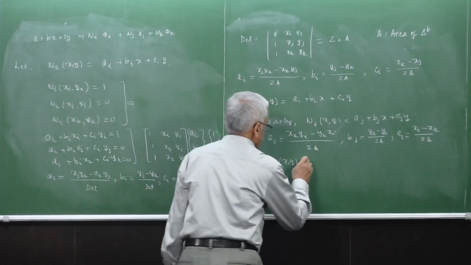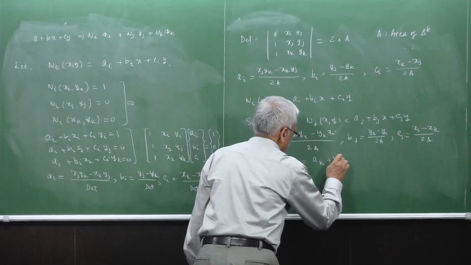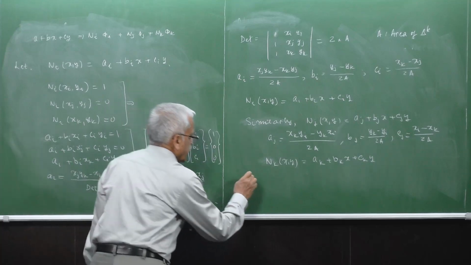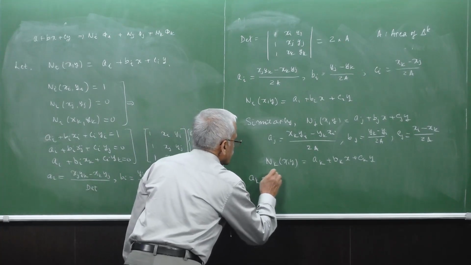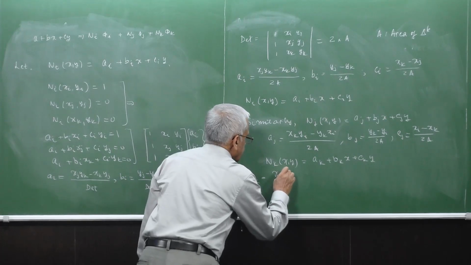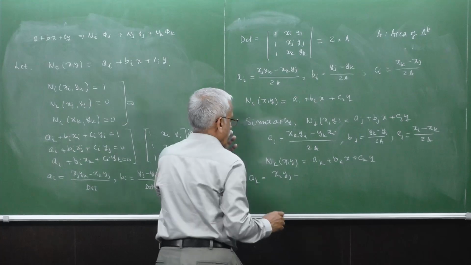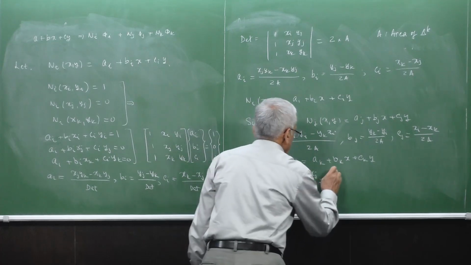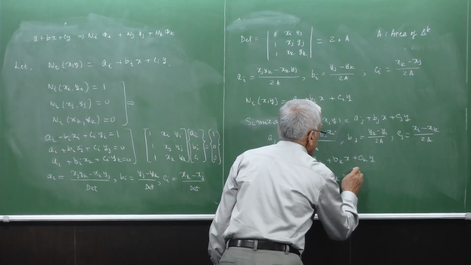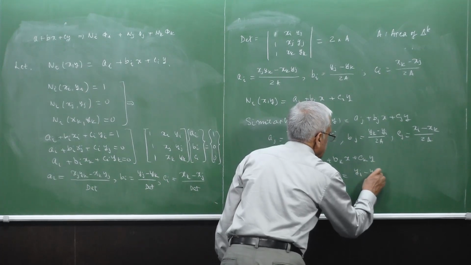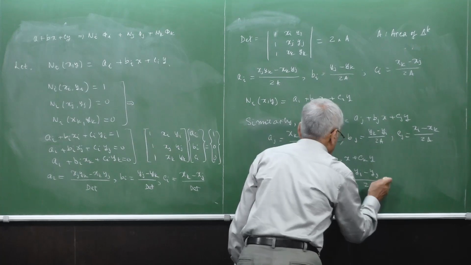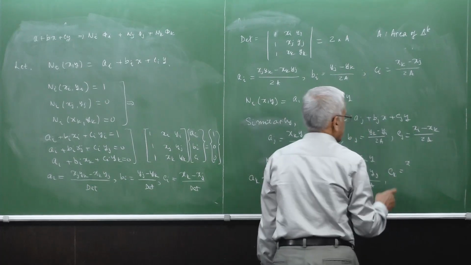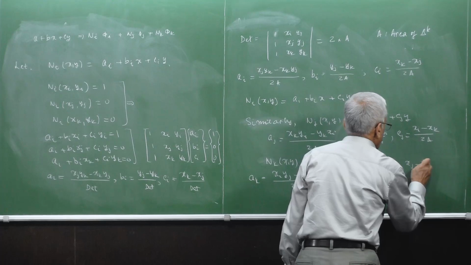The function nk of x, y can similarly be written, where ak is xi yj minus yi xj, and bk is yi minus yj, and ck is xj minus xi.